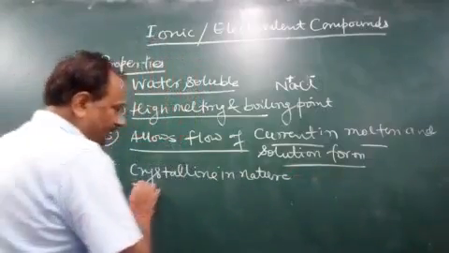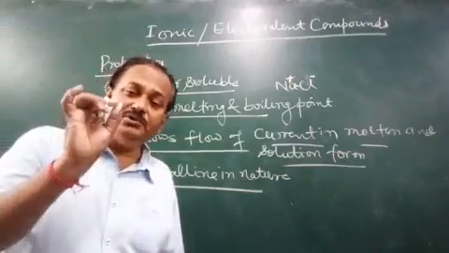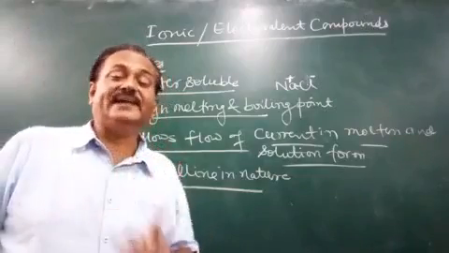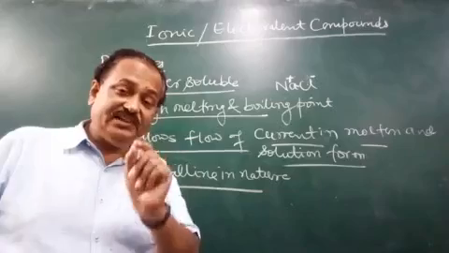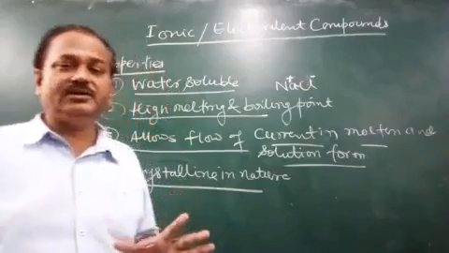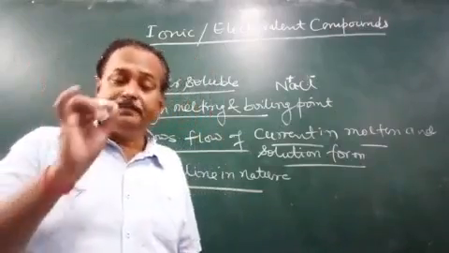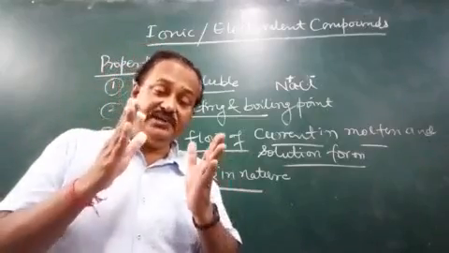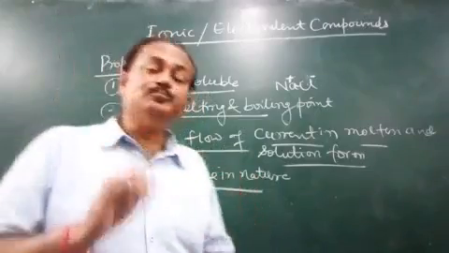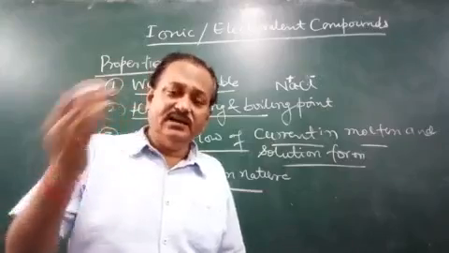Now the next property is crystalline. They have a crystal-like appearance, and crystals have perfect dimensions. You see NaCl or KCl or any ionic compound, all the particles are of perfect dimension because of the very strong force of attraction, and there are lattice points, which you will see in the higher classes.